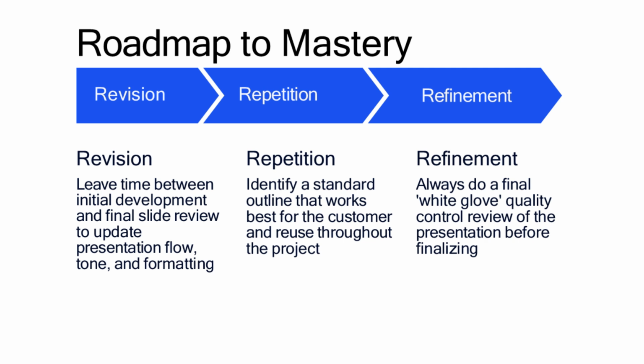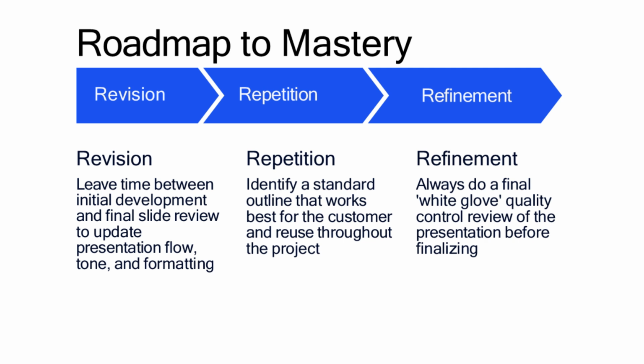So you may need to slightly customize your standard presentation outline according to the customer, but you always want to hit those key project milestones in all of your presentations, and then reuse it throughout the project, because that allows them to get familiar and to start to anticipate how they're going to receive information, how it's going to be communicated, and it will make the process smoother and smoother as you go along throughout project execution.